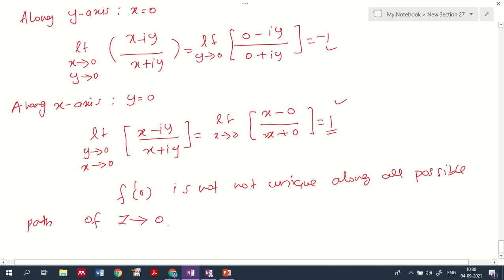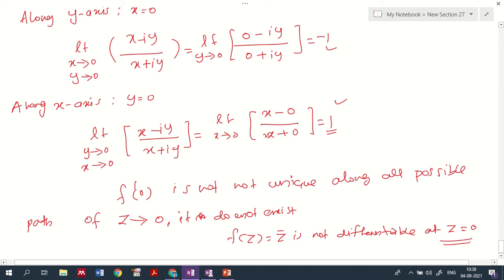So it does not exist. The limit does not exist in that case. And we also said that in that case f of z equal to z bar is not differentiable at z equal to 0. Okay, so this is the conclusion from that side.